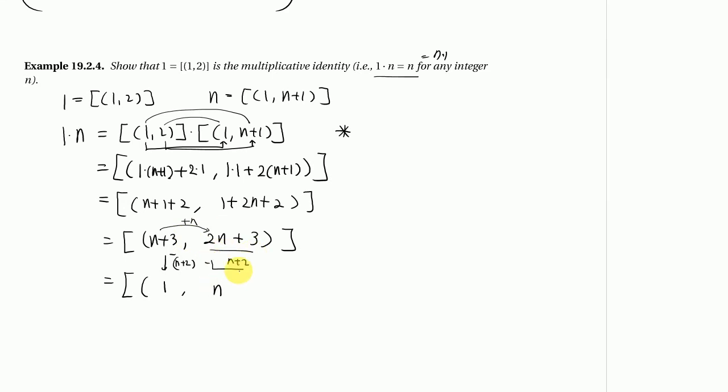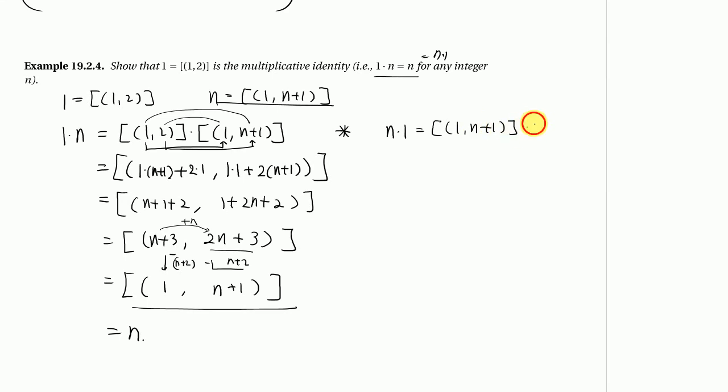We have 1 n left and plus 1, right? And that is n by that. So for your homework, please do n times 1, because the way of multiplication is different, right? So you have to calculate this multiplication according to that formula and show the result is also n, right? That's actually what we have to do, but okay.